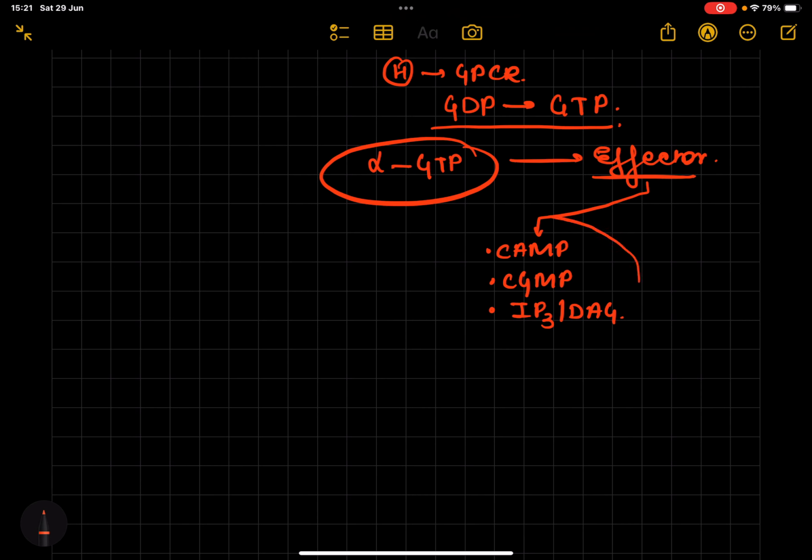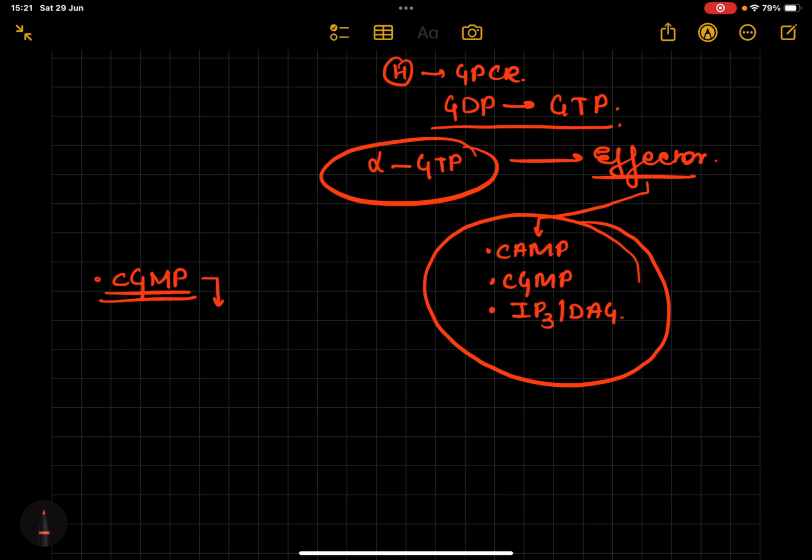So these three are very important. Which molecules act through cGMP? These are vasodilators like nitric oxide and atrial natriuretic factor. That means all natriuretic factors will act through cGMP, right?